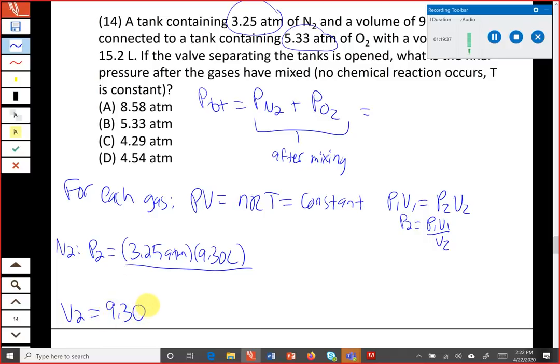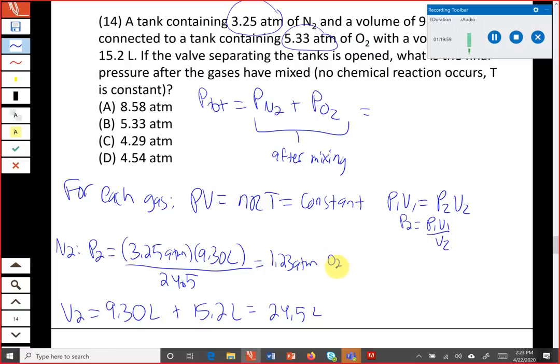So V2 is 9.30 liters plus 15.2, the two volumes of the tanks that are combining. So the final volume is going to be 24.5 liters that both gases will occupy. So that's what we're going to use for V2 for both of them, 24.5. And so what that means is that after mixing, the partial pressure for nitrogen is 1.23 atmospheres.